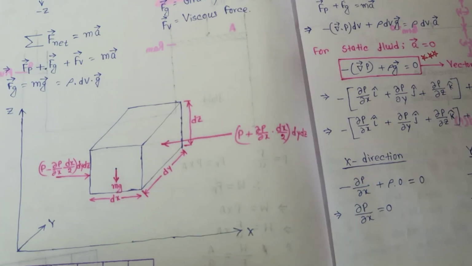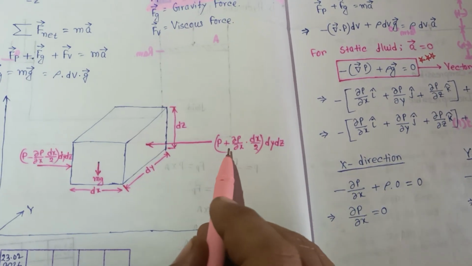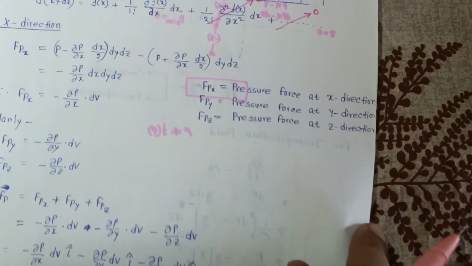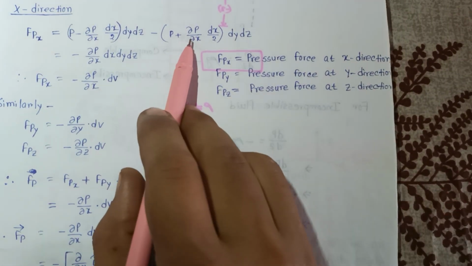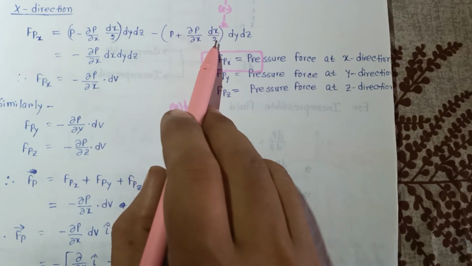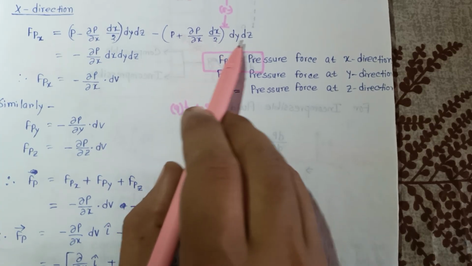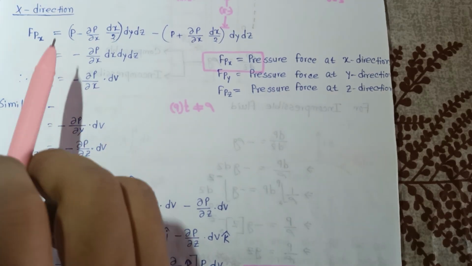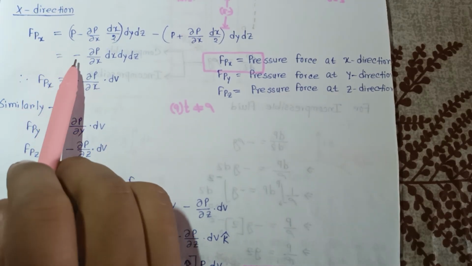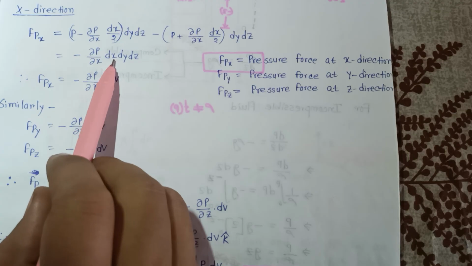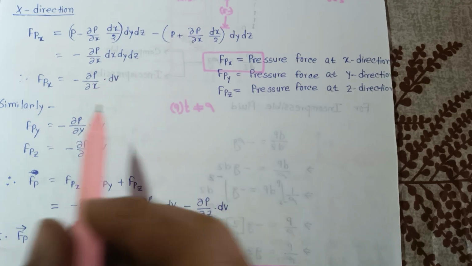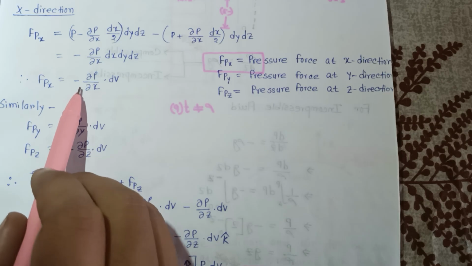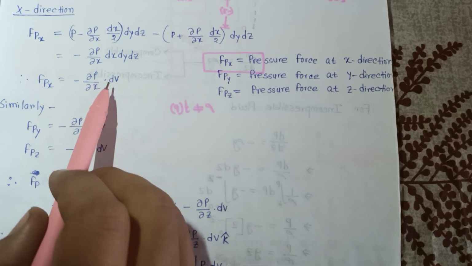And for the negative x direction, this is negative, so minus of P plus del P by del x into dx by 2 into dy dz. So from here we get Fpx equal to minus of del P by del x into dx dy dz, so Fpx equals minus del P by del x into dV.